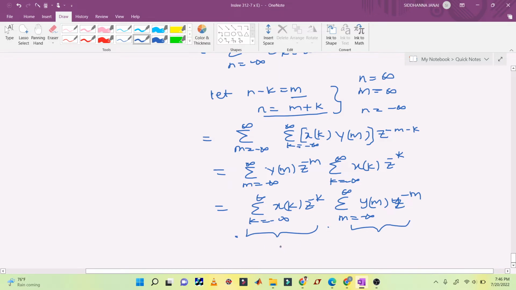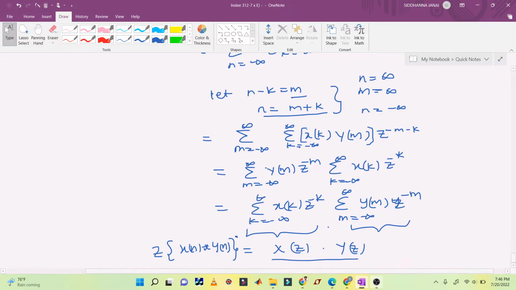In between we have a multiplication, X of z multiplied by Y of z. So the z transform of x of n convolution y of n will lead us to this value. Okay, so that is our convolution property.